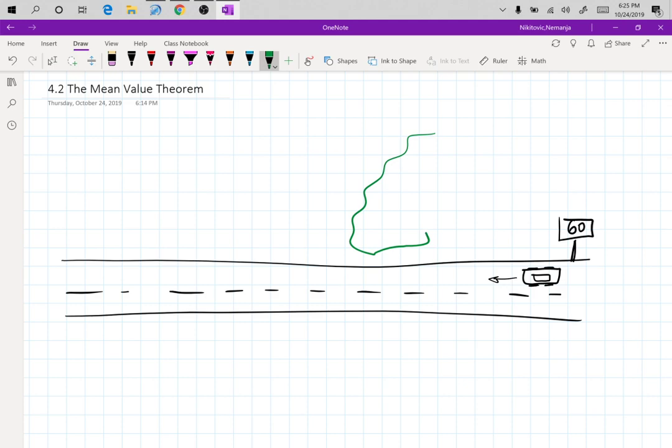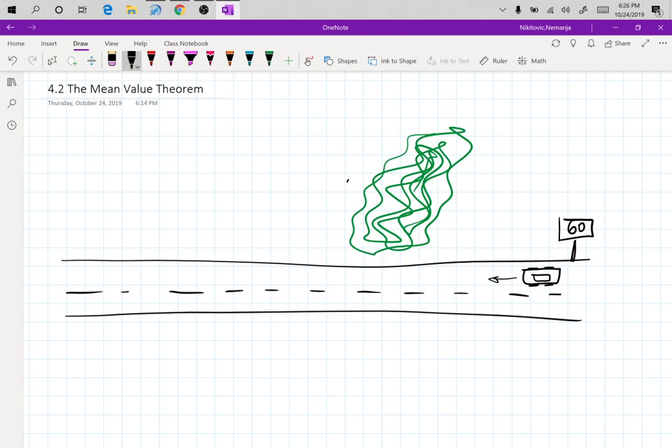I'm going to put some shrubbery over here, and we're going to put another car right there. There we go.